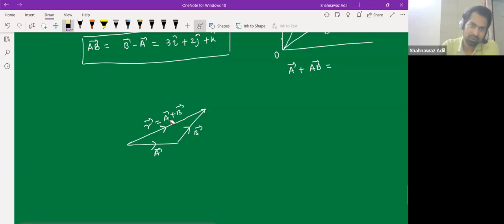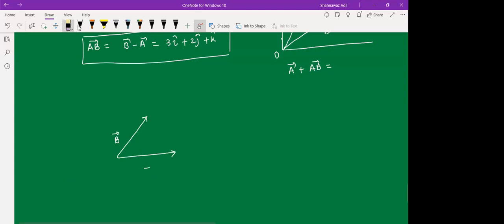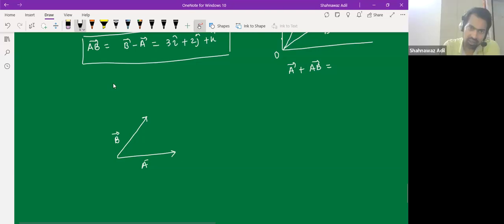Okay, so let's forget this. And you know about parallelogram's law, right? Yes. So let me write this as A, and this as B. In the parallelogram's law, you take B and put it in here, you take A and put it in here.